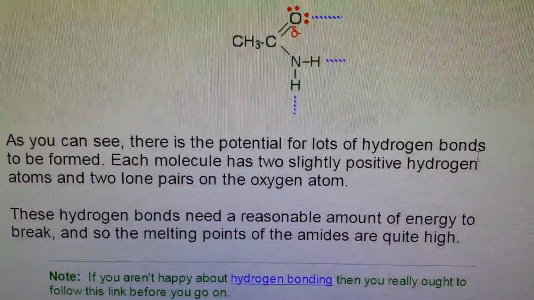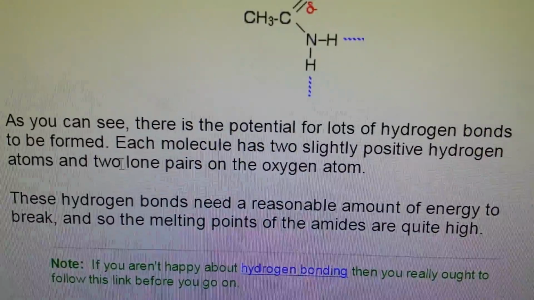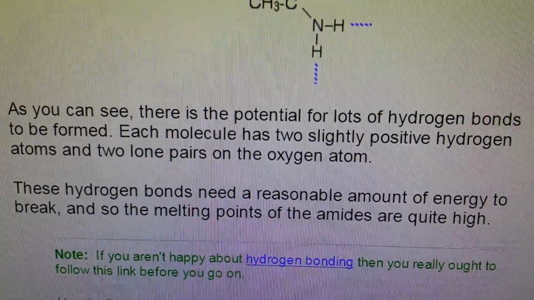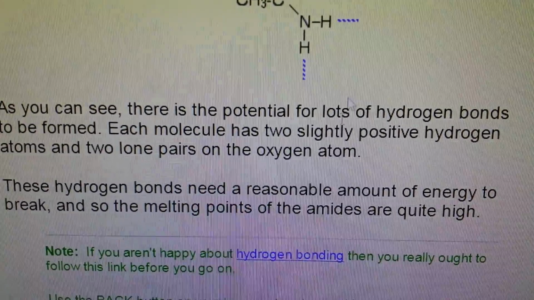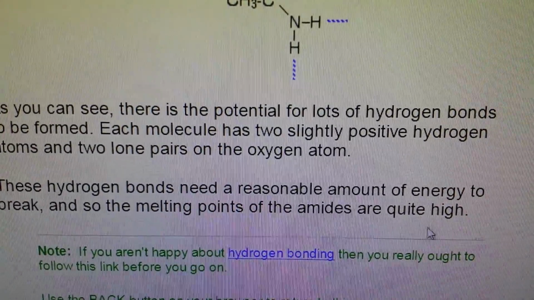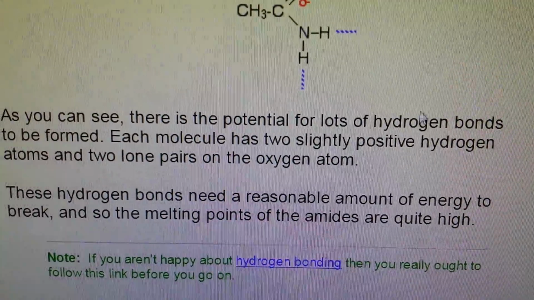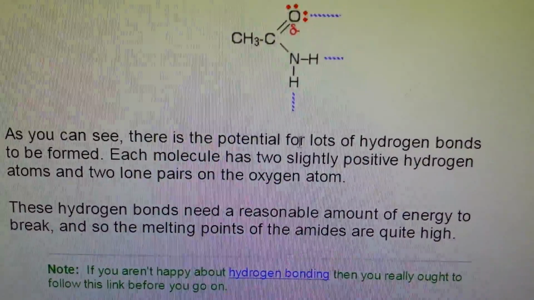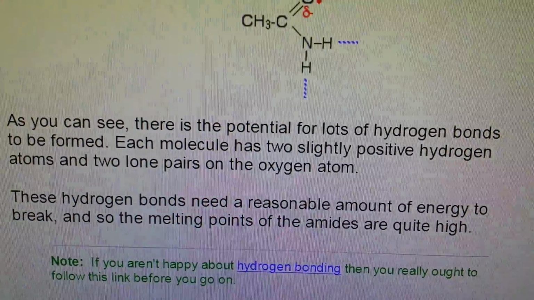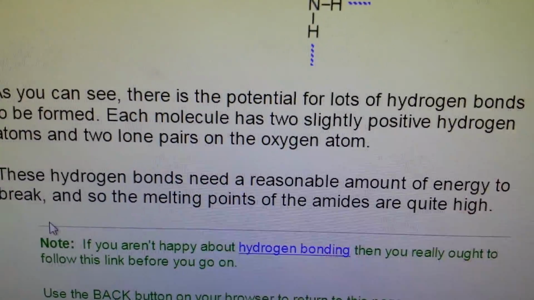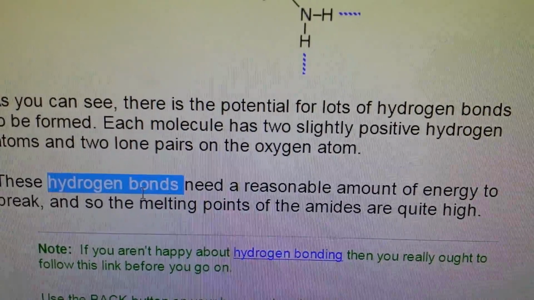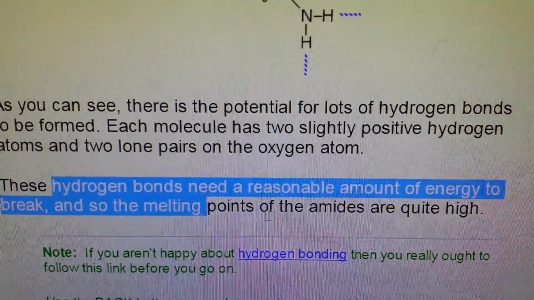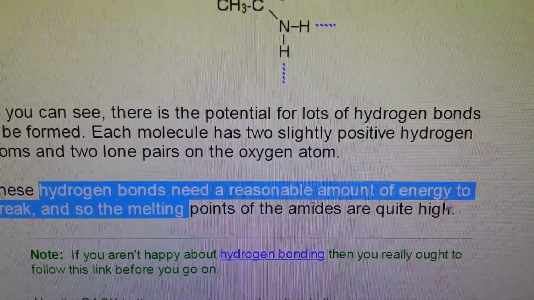Each molecule has 2 slightly positive hydrogen atoms and 2 lone pairs on the oxygen atoms. The hydrogen bonds need a reasonable amount of energy to break. Although these are electropositive, if you want to break them, you need a reasonable amount of energy. So the melting point of the amides is quite high.